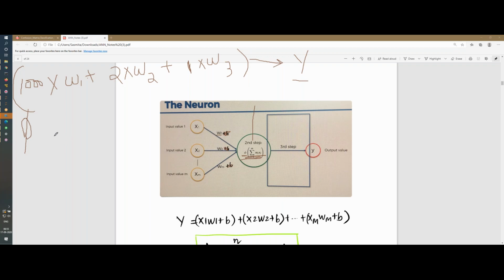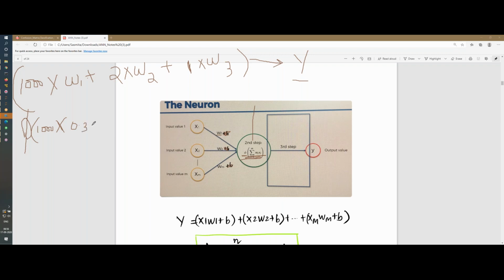Let us take an example, the first case, my first row. If you remember the first row, 1000, and w1 is a weight. Let's say in my case it is 0.3 for the first feature.